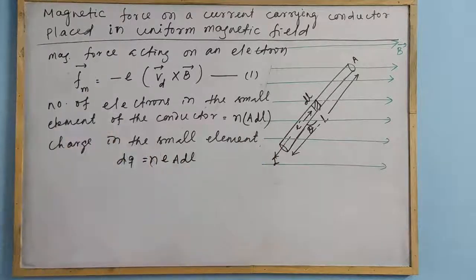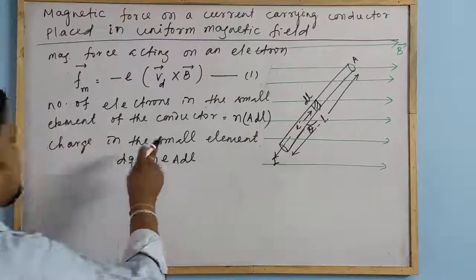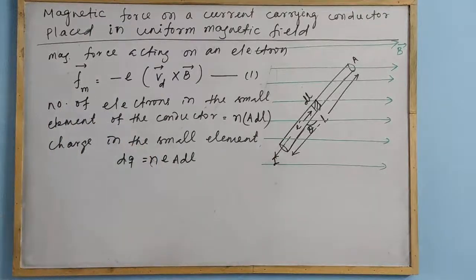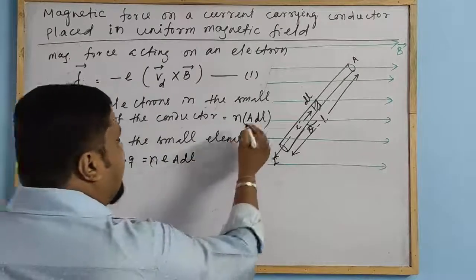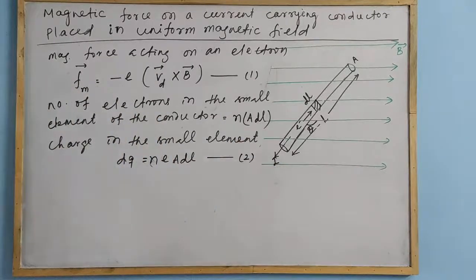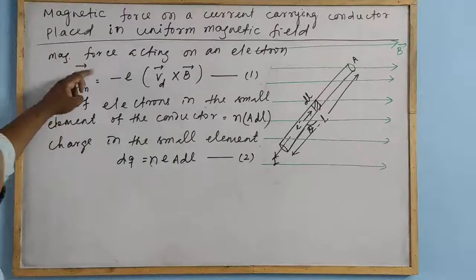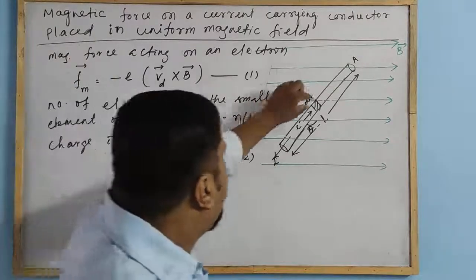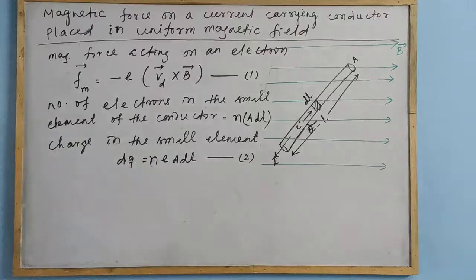So this is the number of electrons. Sorry, the charge in the small element. dq is equal to n e A dl. Let me take this as equation number 2. Clear? So this is the force on one electron, and in the small element, this is the charge. That already we know that. So magnetic force experienced by the conductor.